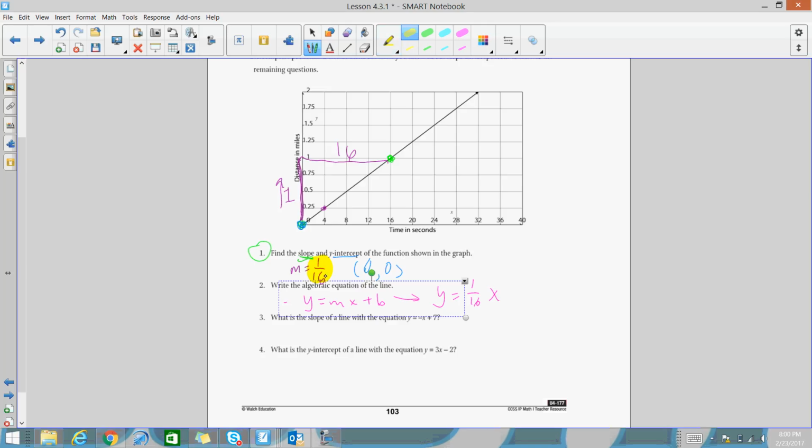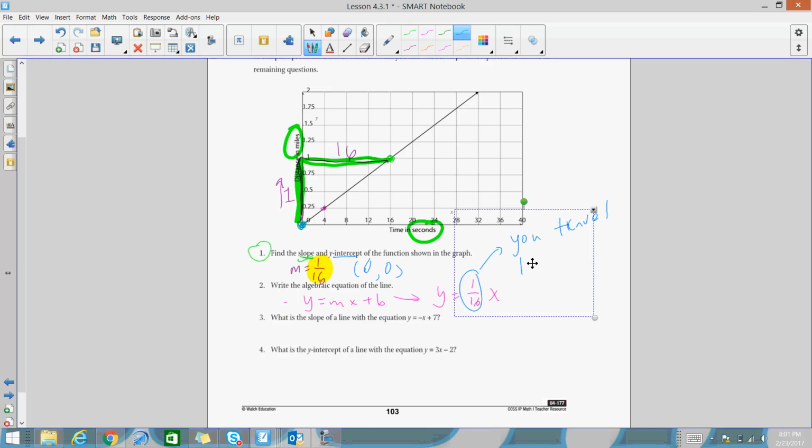Since it's rise 1 and run 16, that means you are going to travel 1 mile in 16 seconds. So in words, it means you travel 1 mile in 16 seconds.